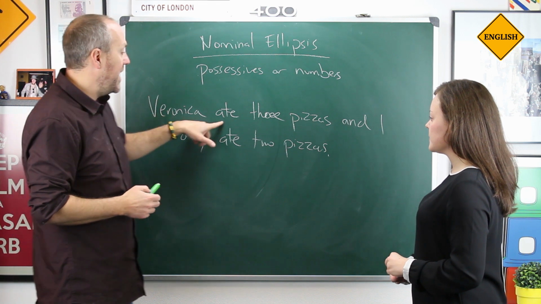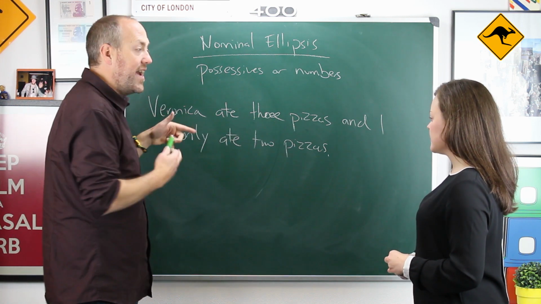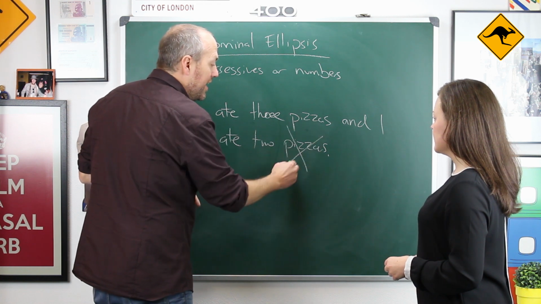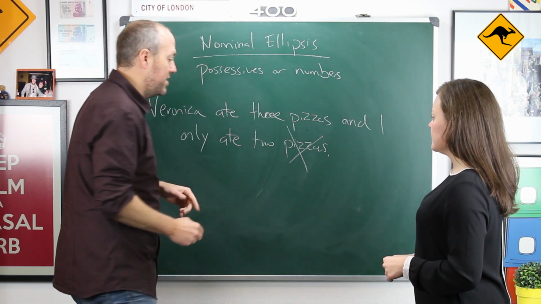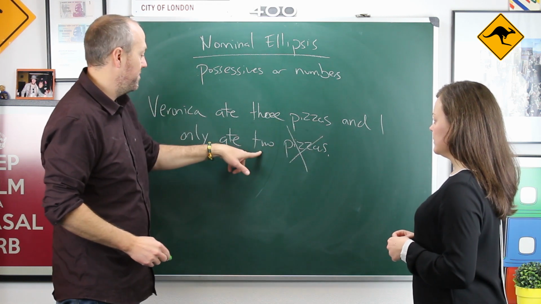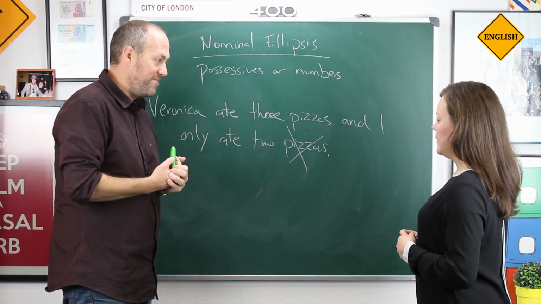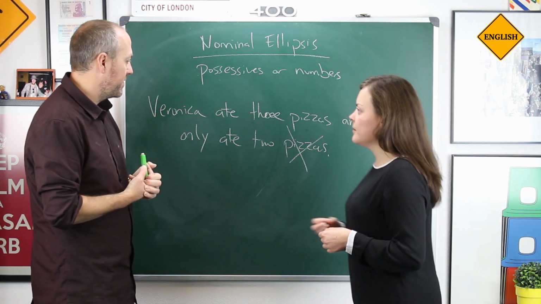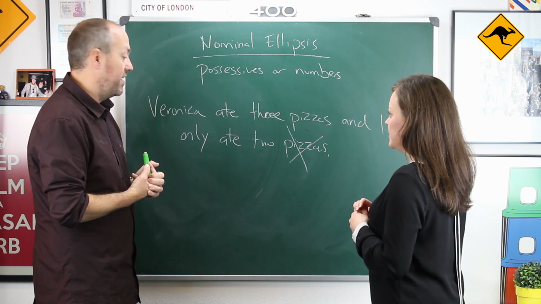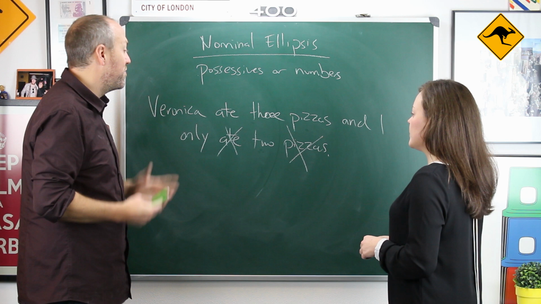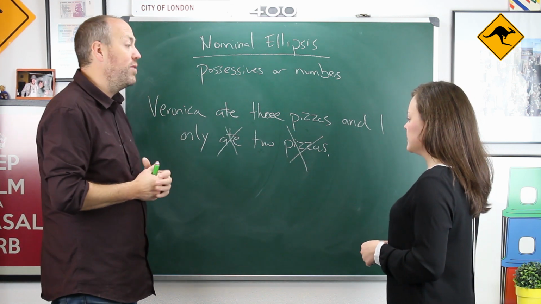So, Veronica ate 3 pizzas, and I ate 2 pizzas. Here we can eliminate this noun which is repeated, and we have only the number: Veronica ate 3 pizzas, and I ate 2. Actually, if you wanted, you could eliminate the verb as well: Veronica ate 3 pizzas and I only 2.